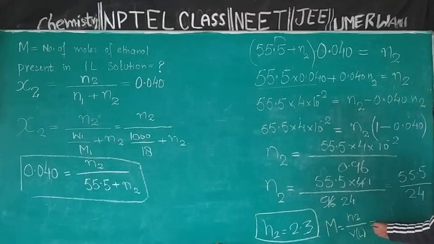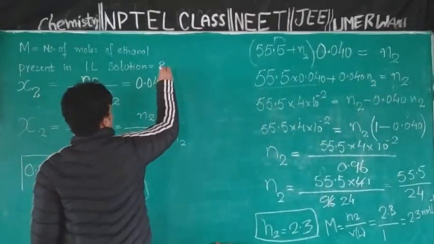Number of moles of solute we found equal to 2.3, volume of solution in liter we found 1 liter. Therefore molarity will be 2.3 and its unit will be mole per liter. This is the solution.